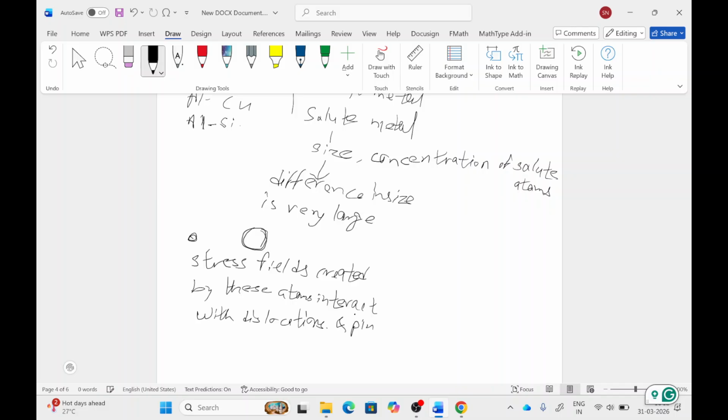As the dislocations get pinned by the solute atoms, we have to apply more stress for the deformation to continue. That increase in stress required increases the strength of the material.